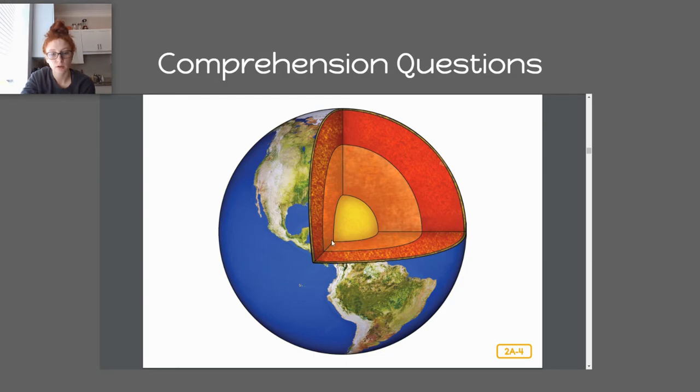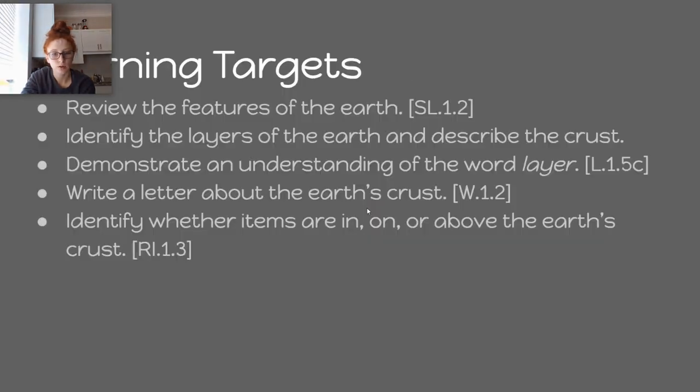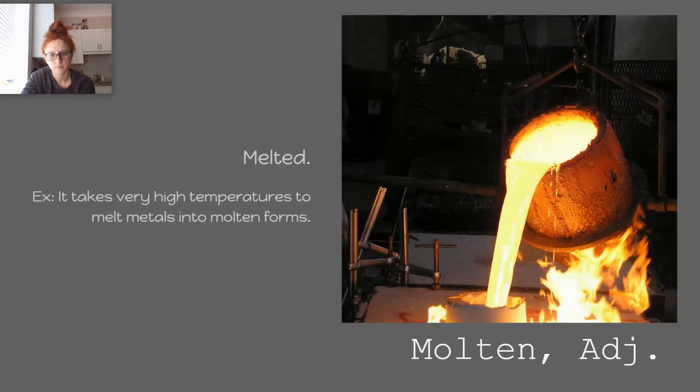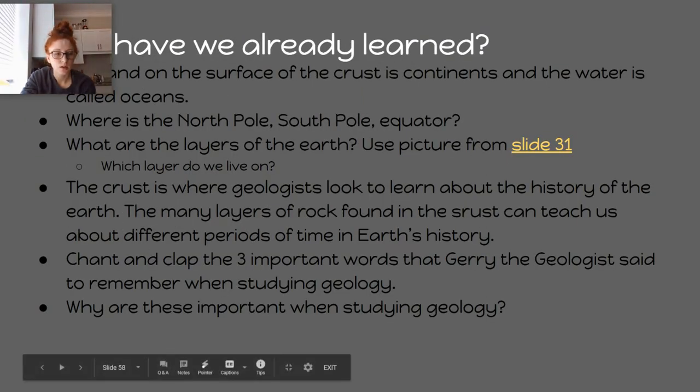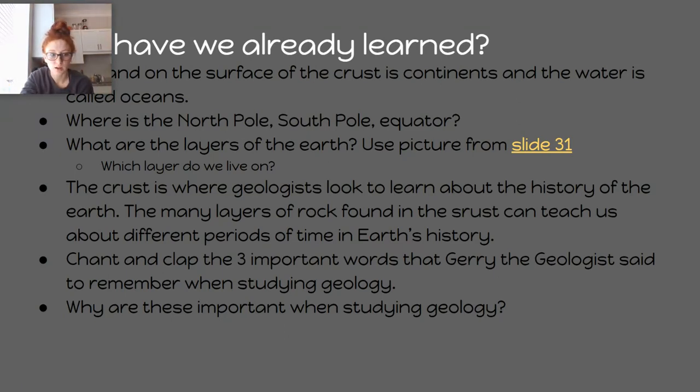We have the outer core and the inner core. So the crust is where geologists look to learn about the history of the Earth. The many layers of rock found in the crust can teach us about different periods of time in Earth's history.